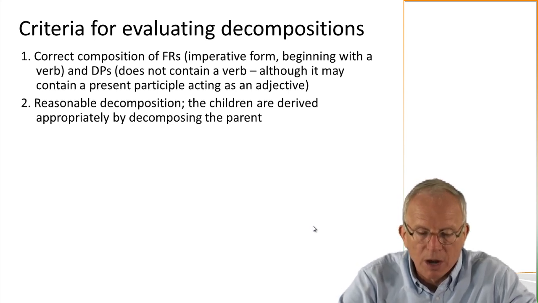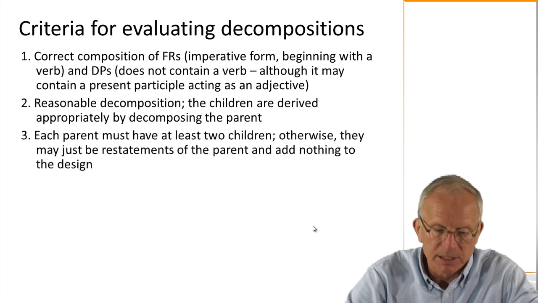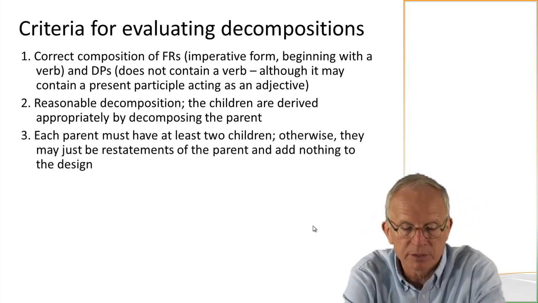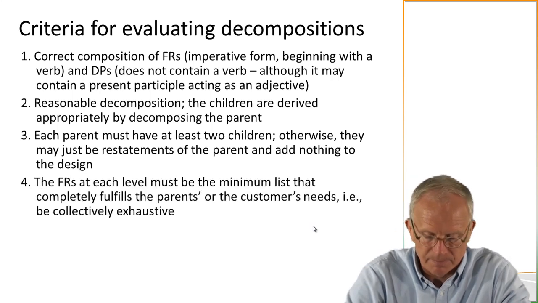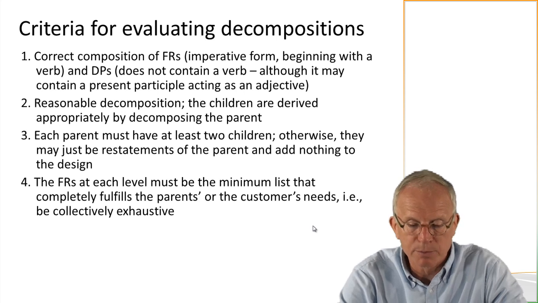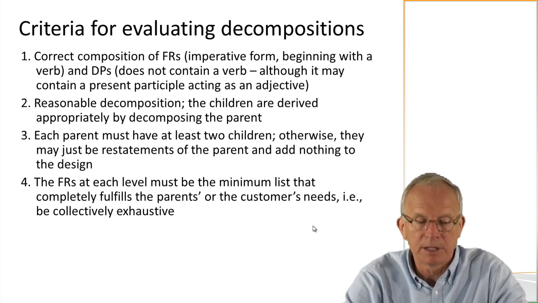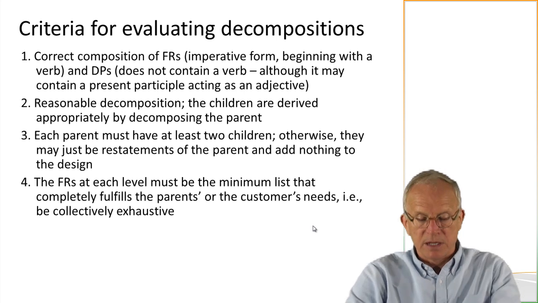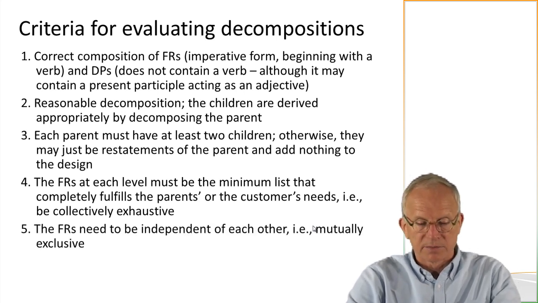Are the children derived appropriately by decomposing the parent? Each parent, of course, must have at least 2 children, as we discussed. And the FRs at each level must be the minimum list, completely fulfilling the parent and the customer's need. This means that they need to be collectively exhaustive.